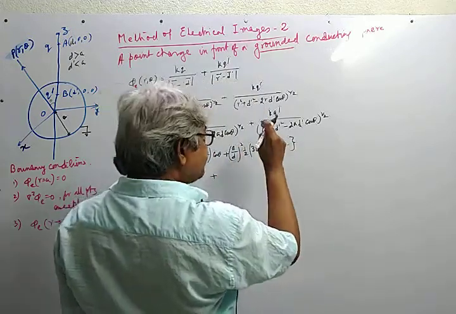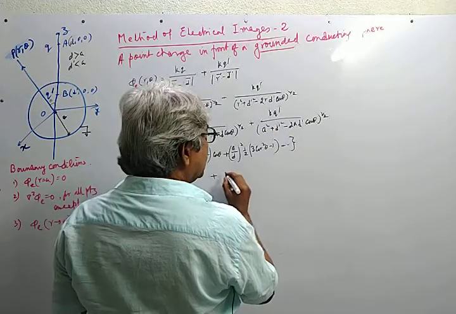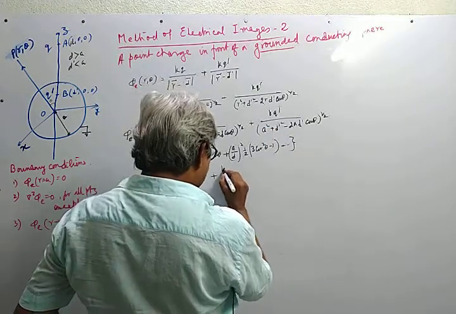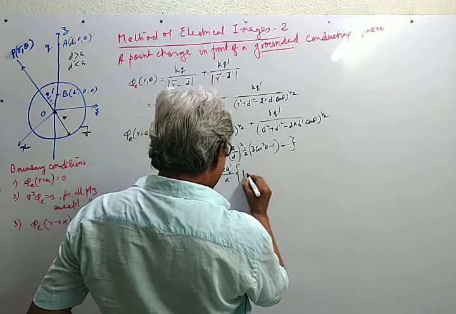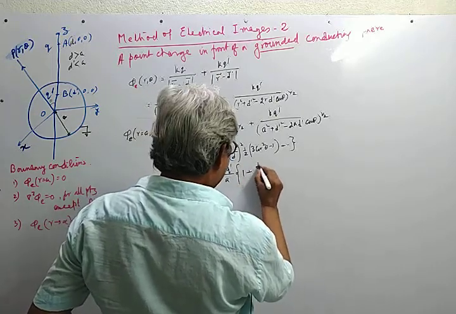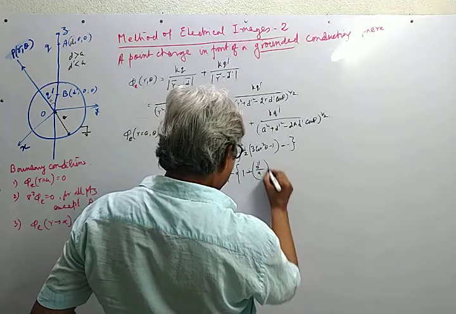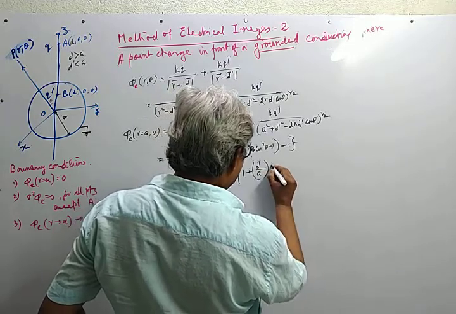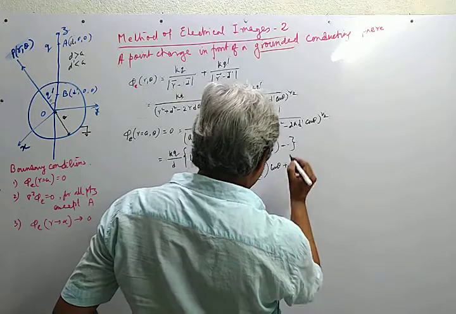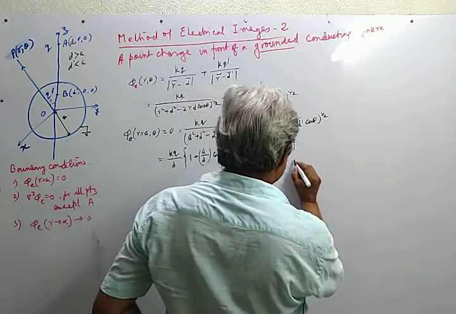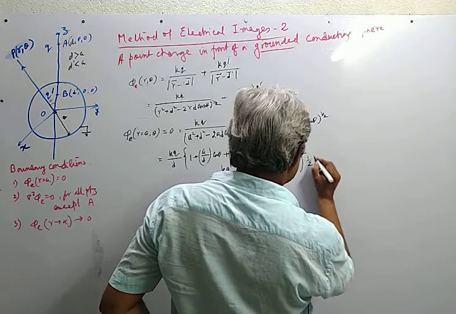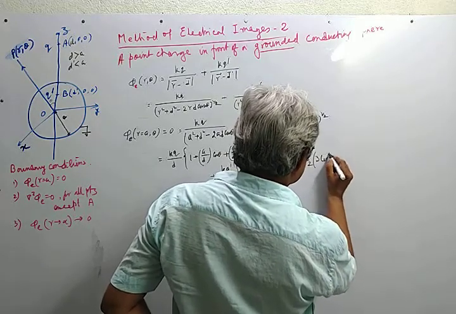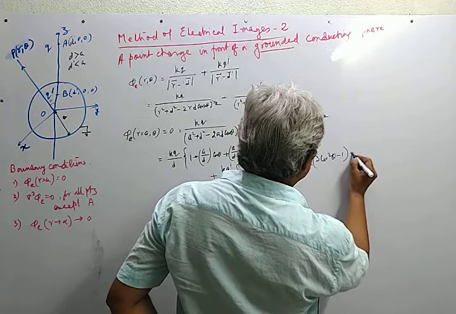In this term a is larger than d prime, so we take k q prime by a common, plus higher order terms.